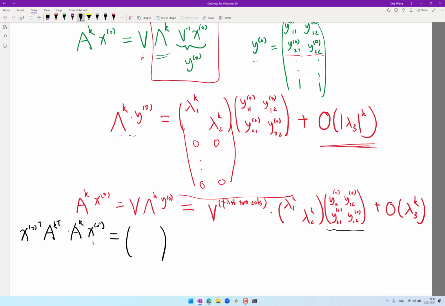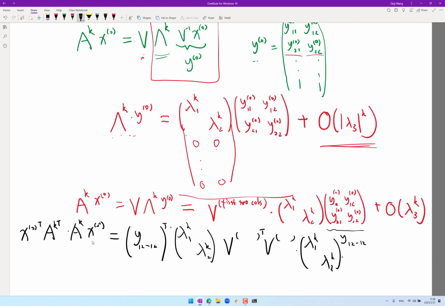I'm just going to write it as Y 1 2 to 1 2, so that's this matrix, times the two lambdas, lambda 1 to the K, lambda 2 to the K. The transpose is gone, and then the V first two columns transpose times V the first two columns, and times another lambda 1 to the K, lambda 2 to the K, and times another Y12 to 1 2.